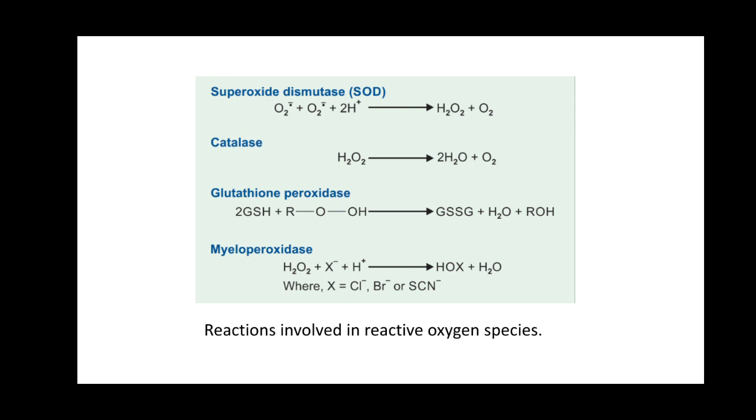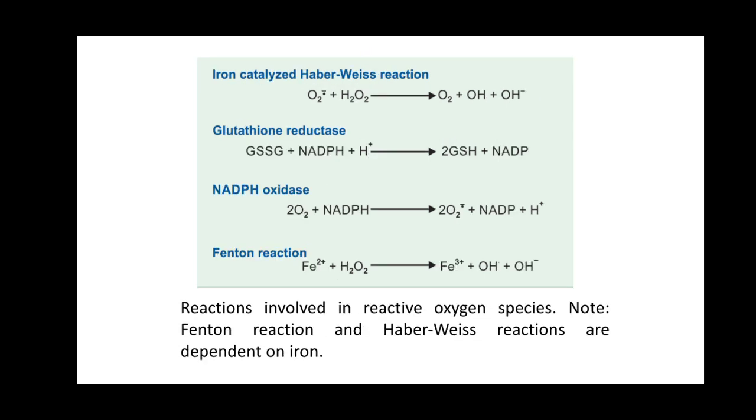So these four enzymes cleave oxygen free radicals in the reactions and form respective molecules. Also glutathione reductase, NADPH oxidase, and iron catalyzed Haber-Weiss reactions. Here also the oxygen free radicals are converted to their respective molecules.